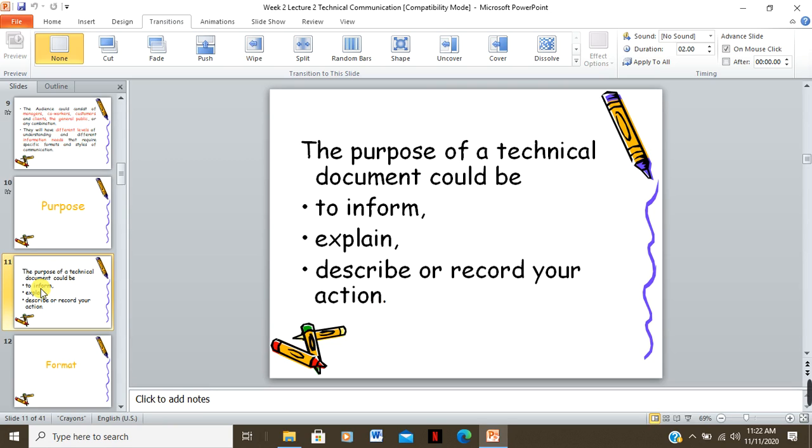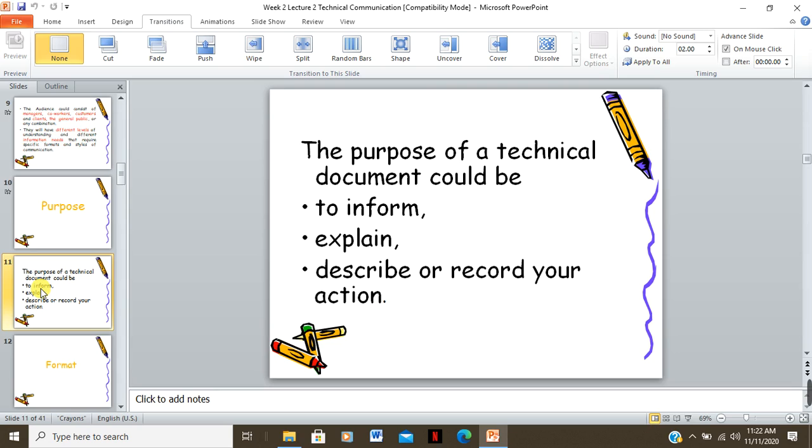So you see, the purpose of a technical document can be only to inform at times, or it may be to explain, or it may be to describe. So you need to know beforehand what the purpose of your document is, or even if it is a presentation regarding some service that your organization is going to provide to a service seeker, and you have been assigned the duty of giving that presentation.